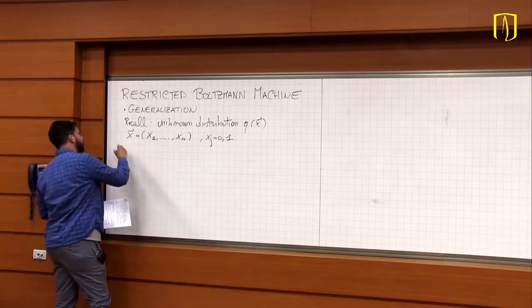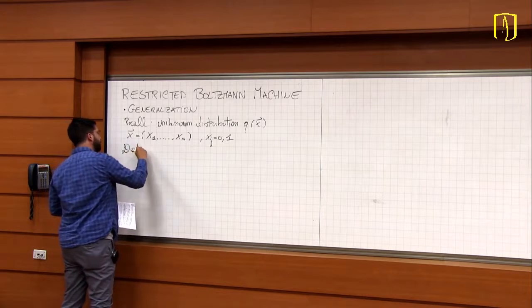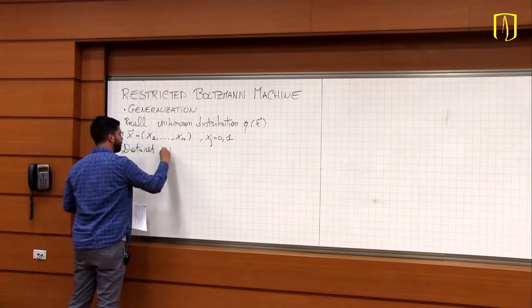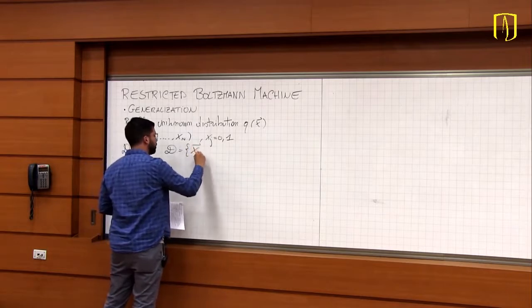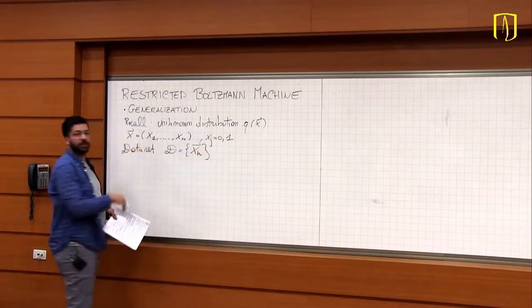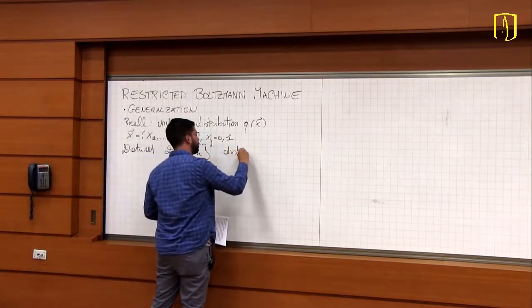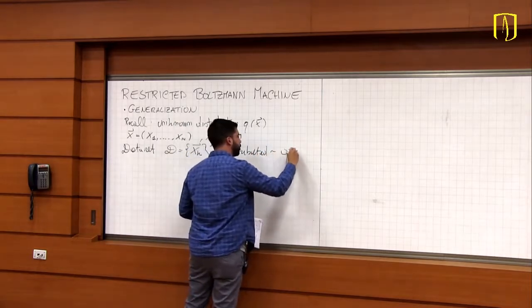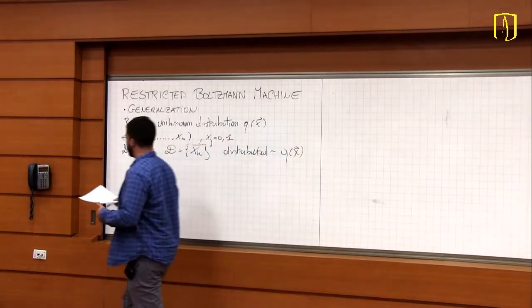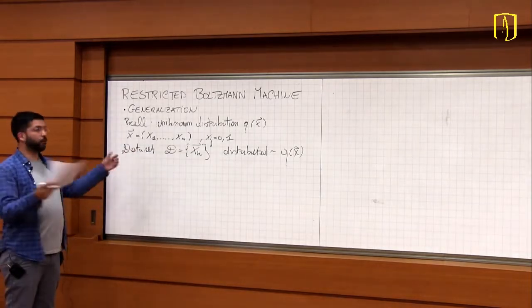And what we have is a data set D, which is just a collection of these variables, and those are distributed according to Q of X. The question is, can we use this data to infer the full distribution?